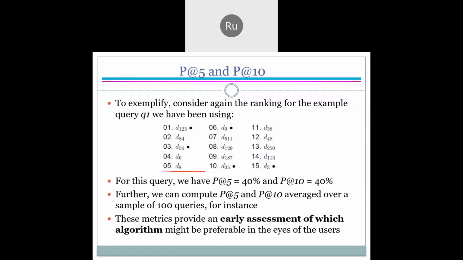And for this position, it will be 4/10. So this metric provides an early assessment of which algorithm might be better compared to the other. So these are single value summaries. Okay, now going back to, how do we actually measure the area under the curve?